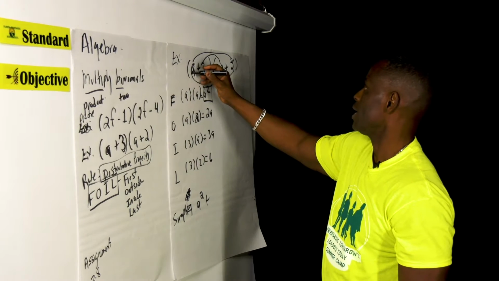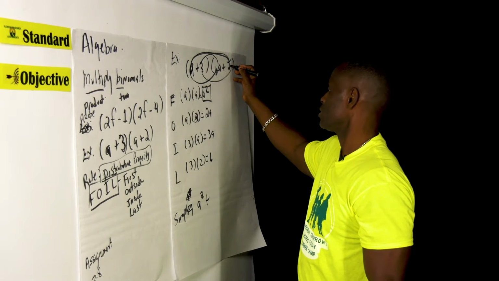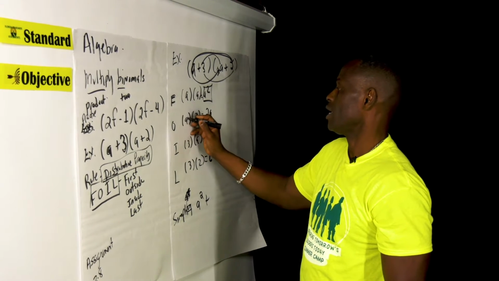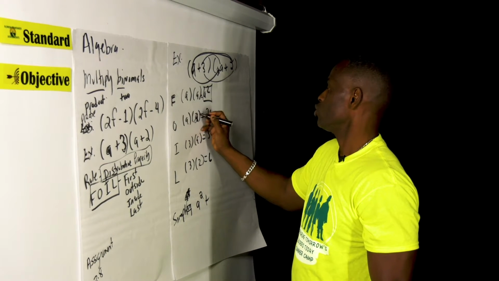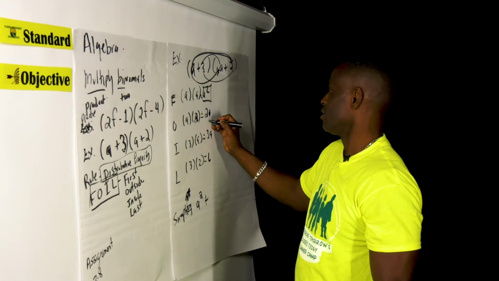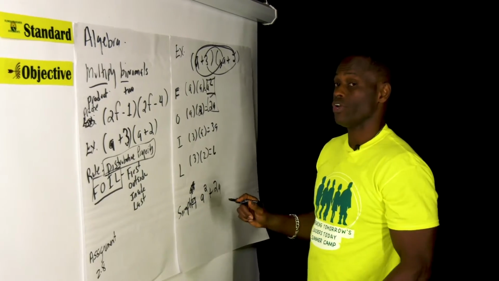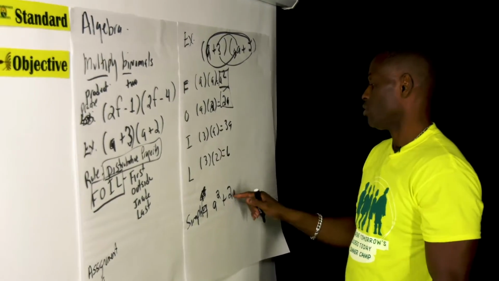This A is on the outside, and this 2 is on the outside. We keep reading from left to right, so we write 2A, because the variable always goes after the coefficient.